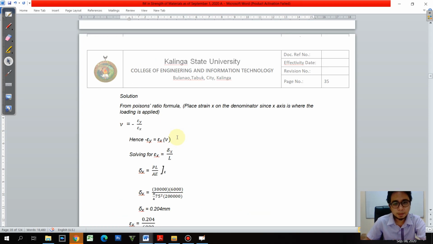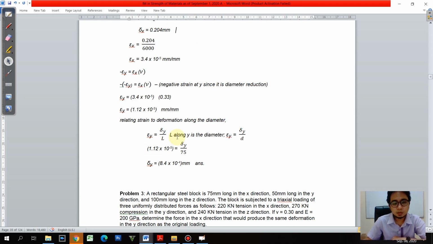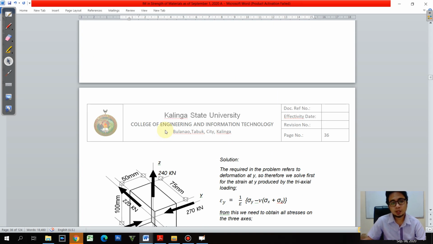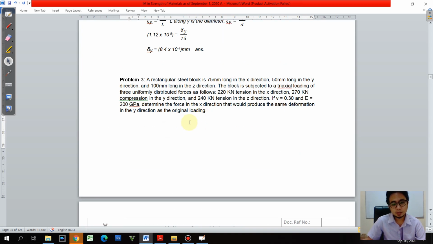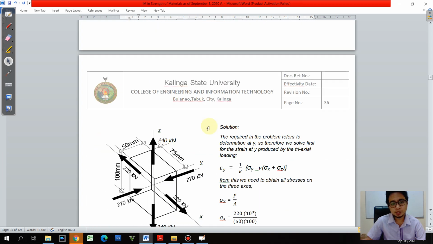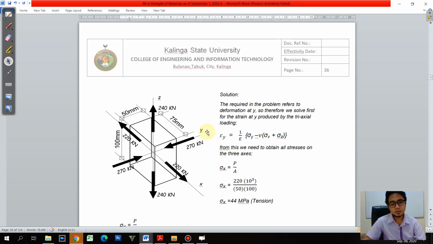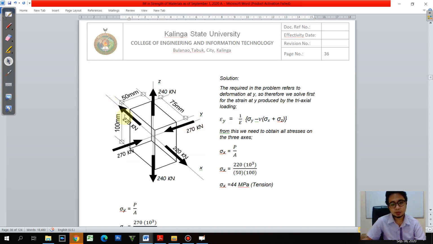Okay. So the unknown here is, kung meron tayong block subjected to this triaxial loading, magkakaroon tayo ng, it will produce a strain in Y, X, or Z direction.